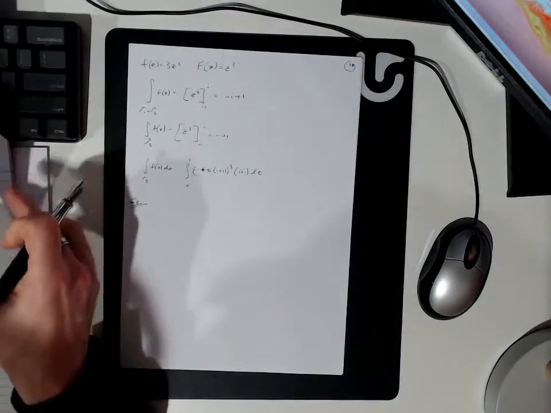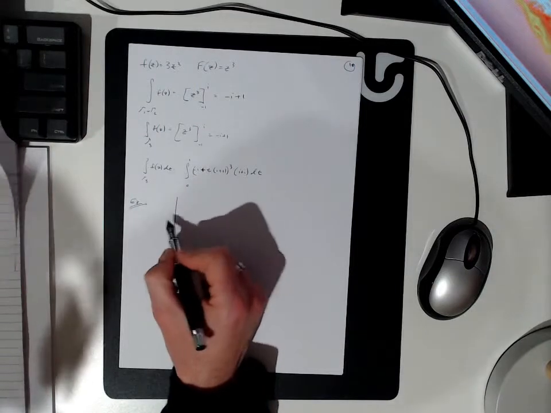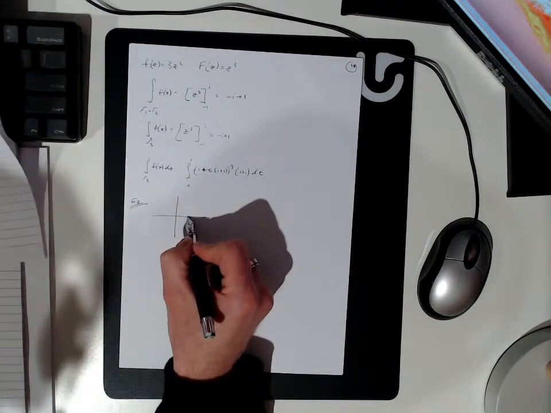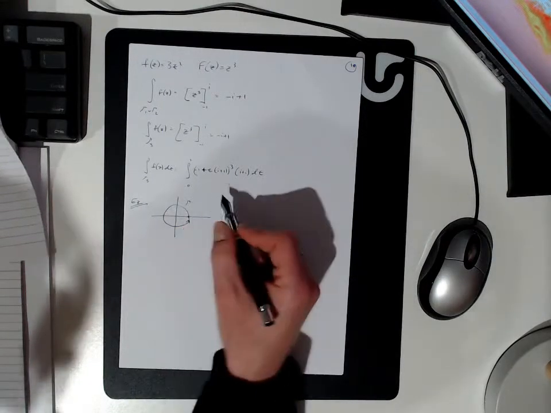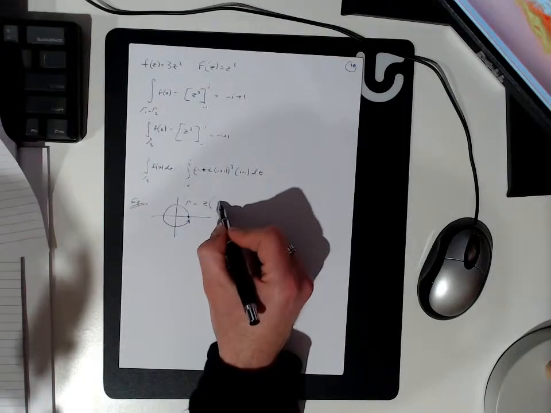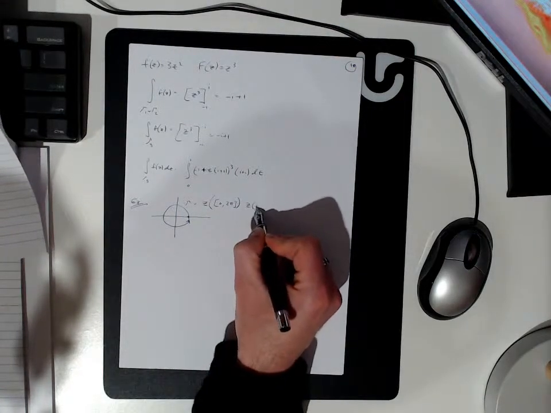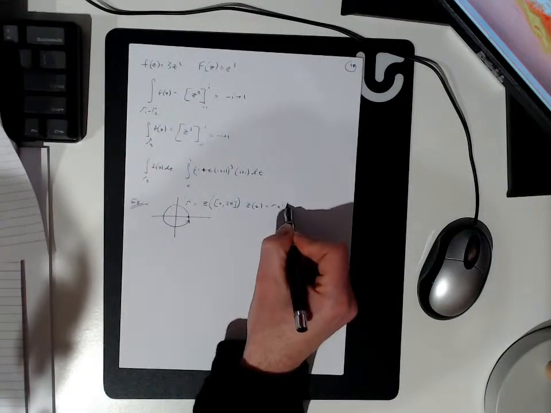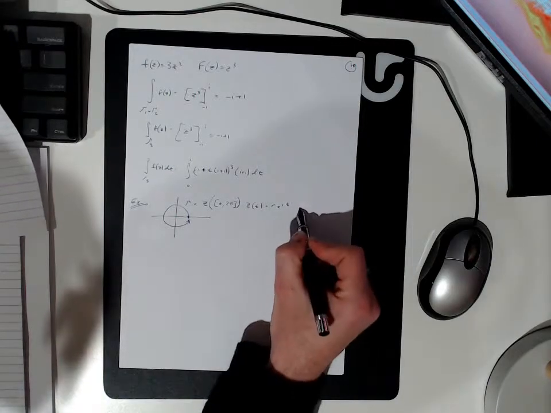We're going to calculate the same quantity two different ways. Our contour is going to be gamma, z of t equals r e to the i t, for t from 0 to 2 pi, r some unspecified positive real number.